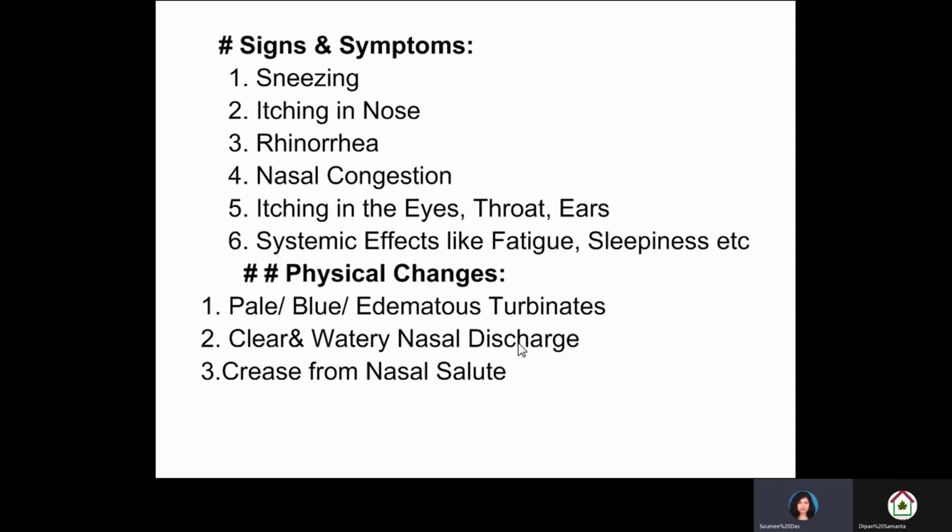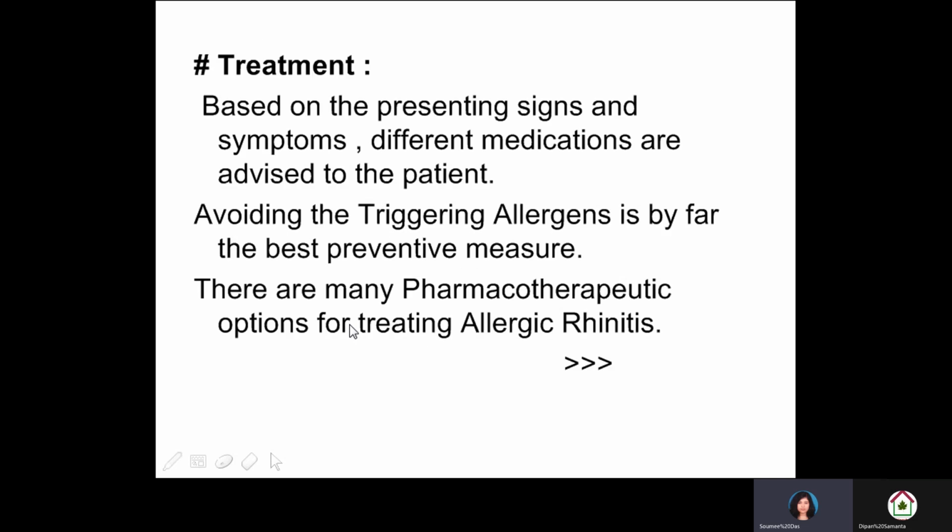Okay, so there would be a crease. Why crease? Because of the frequent discharge from the nose, the patient would be wiping or pulling the nose to control the discharge flow. Okay, so because of these actions, there would be a crease formation on the external roof side of the nose. Okay, so this is known as the crease or fold.